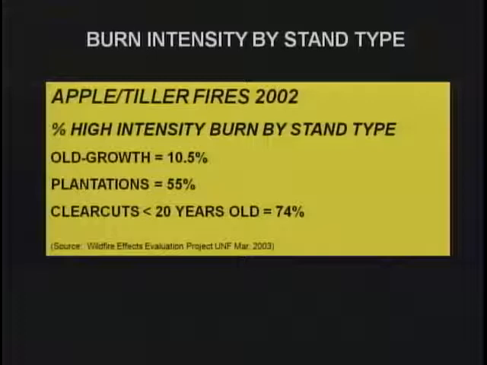And the plantations, 55% of them, in the plantations that are under 20 years old, pretty much vaporized them. And actually that 10% is because so much more of the old growth in the Apple side burned; the Tiller side was only 6%.